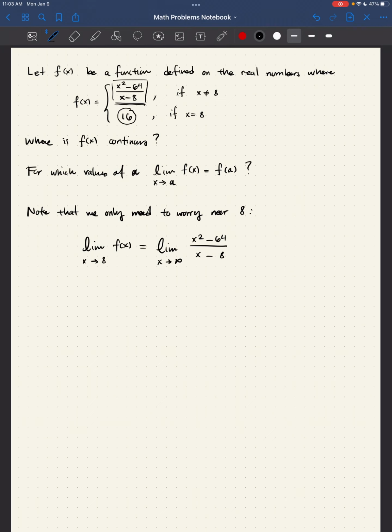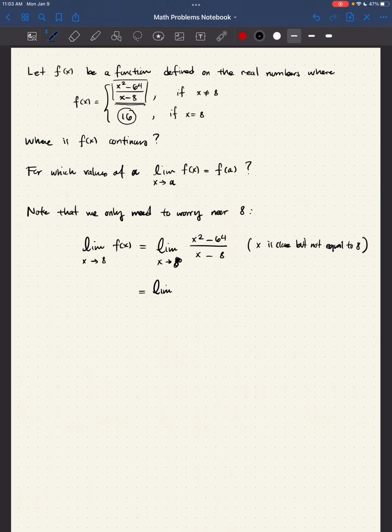Again, the intended idea is that we are getting close to 8, but not exactly 8, so that we can make this replacement. That's the intention.